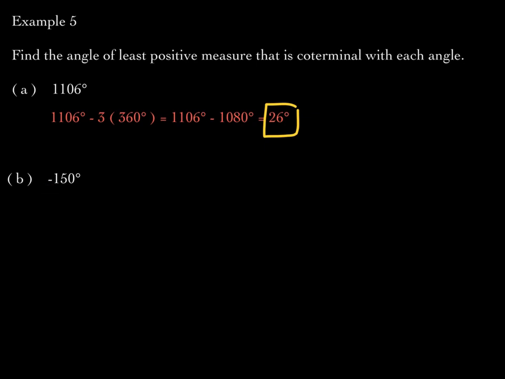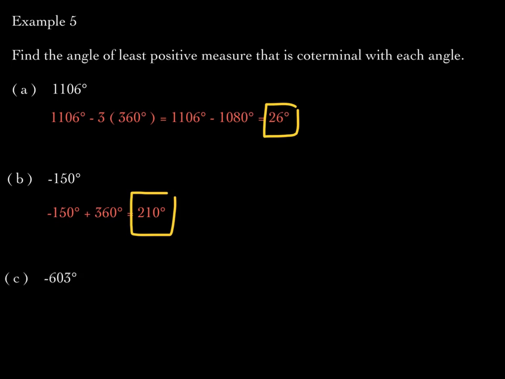Now, don't add too many because you want the coterminal angle that is of least positive measure. I think we only want to add 1 rotation here. So this gives us 210 degrees as the coterminal angle that is of least positive measure. All right, good job. Let's do maybe one more.